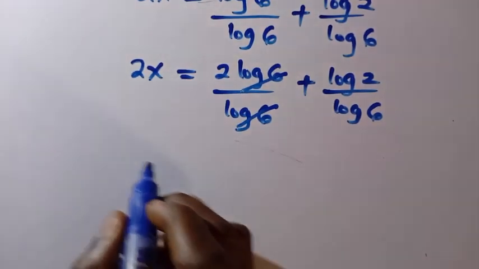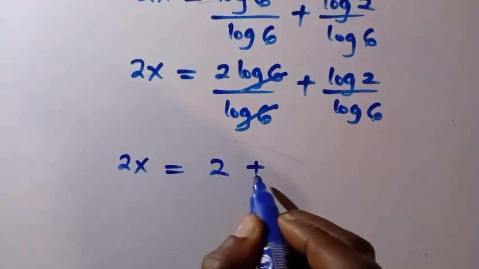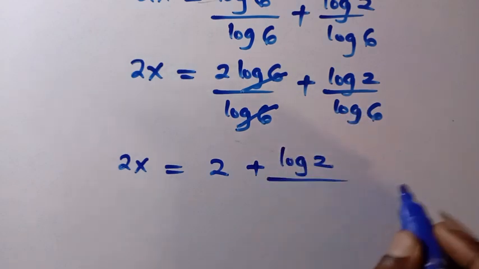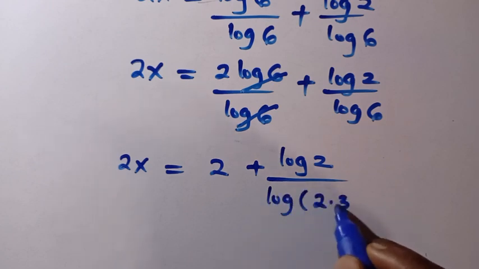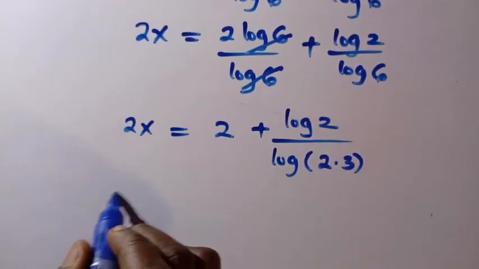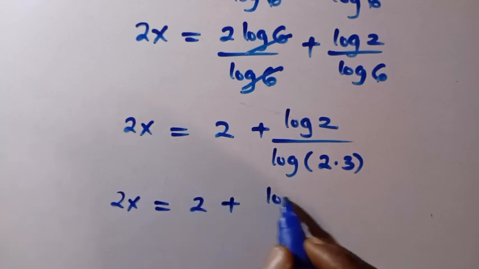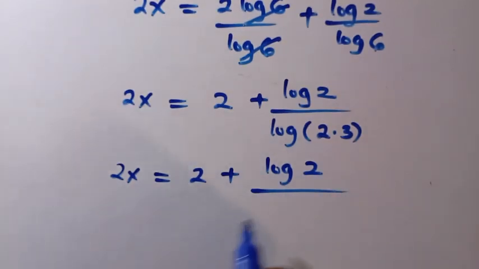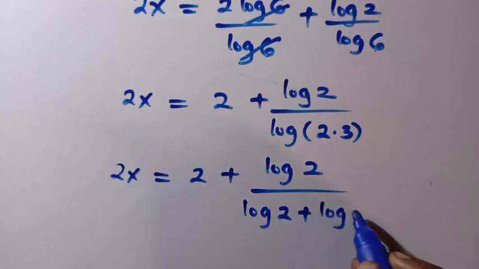Then we have 2x equals 2 plus log 2 divided by log 6. Here, we have to write 6 as 2 multiplied by 3. So then we have 2x equals 2 plus log 2 divided by log 2 times 3, which equals log 2 plus log 3.